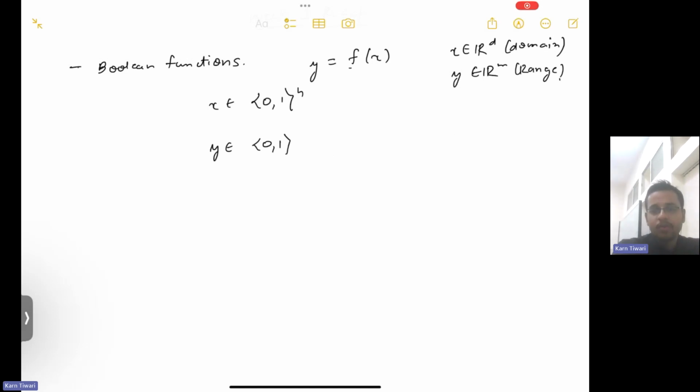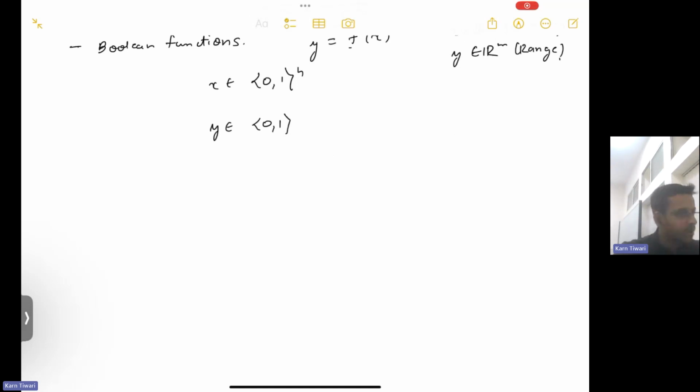Either the output will be yes or no. That's the binary thing. A Boolean function takes variables x, each variable will be either on or off, and the combined decision of the different variables gives a decision of yes or no. So this is what we have done as of now.